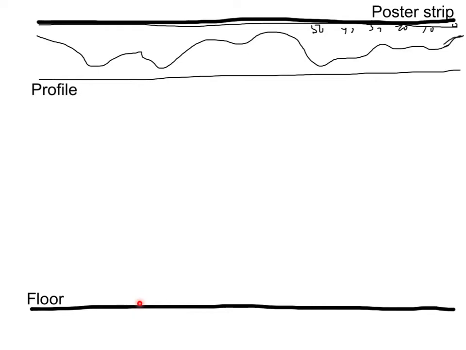In general, this distance was, for most groups, just a little bit less than 2 meters, a little bit less than 200 centimeters. Then for the actual data collection, instead of dropping the ball from the height of the poster strip, the group started out at 0 and dropped the ball from the drawn profile.